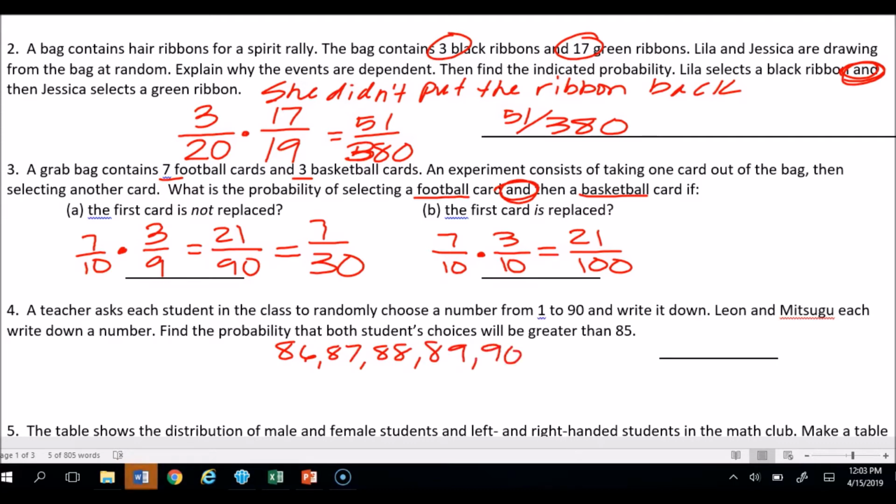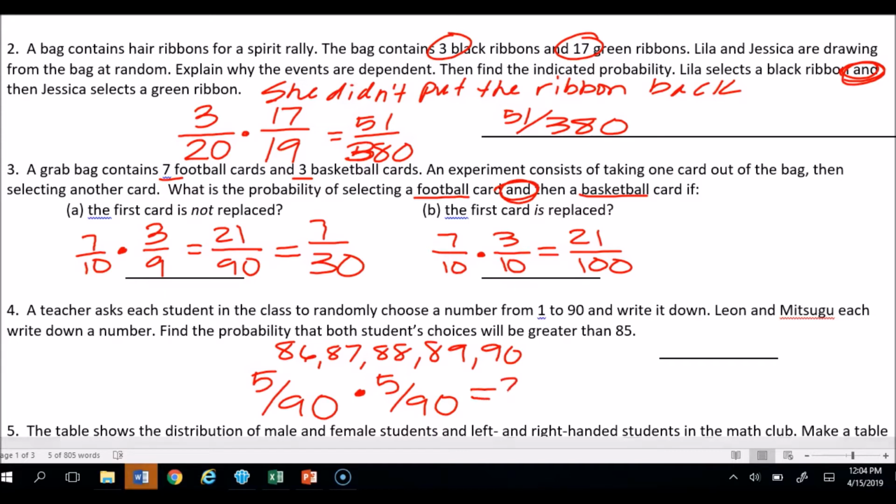So that's 5 numbers. So when we talk about this, what each person writes down doesn't determine what someone else writes down. So this is an independent probability. So we're actually going to multiply 5 over 90 for the first person, and then 5 over 90 for the second person, because what one person does has nothing to do with what the next person does.